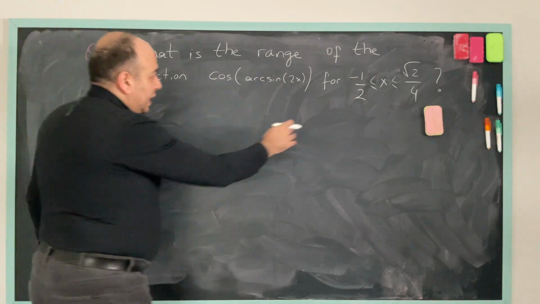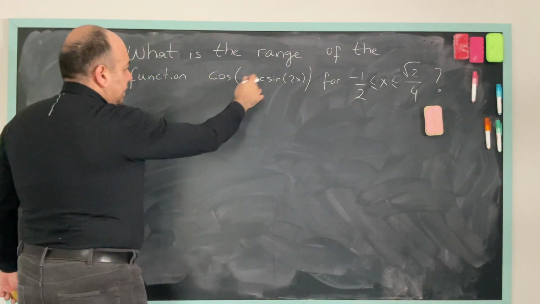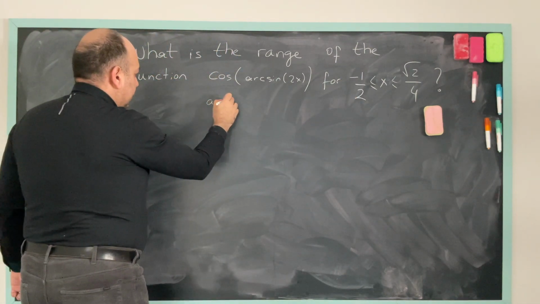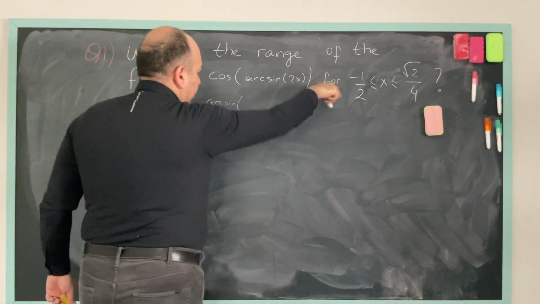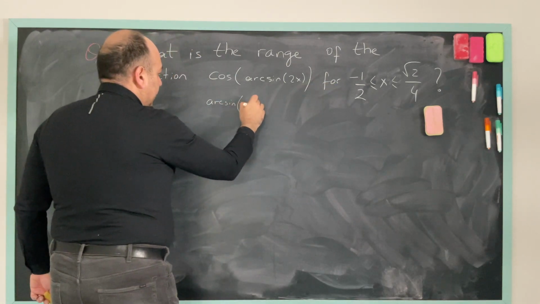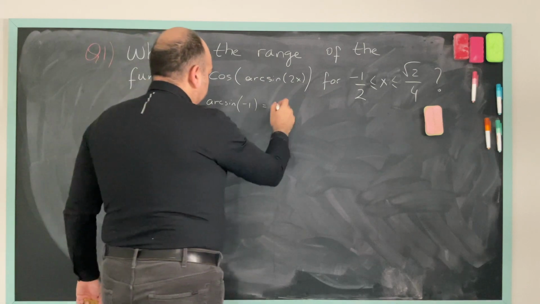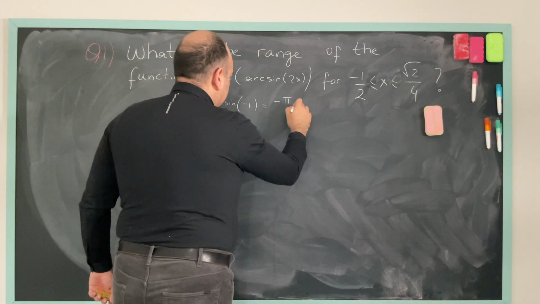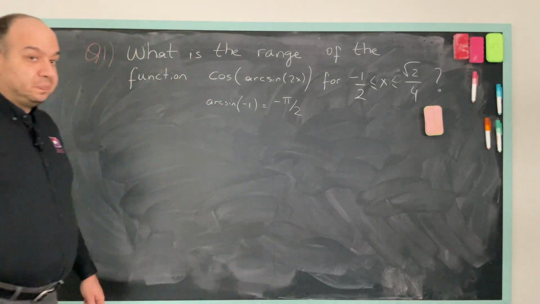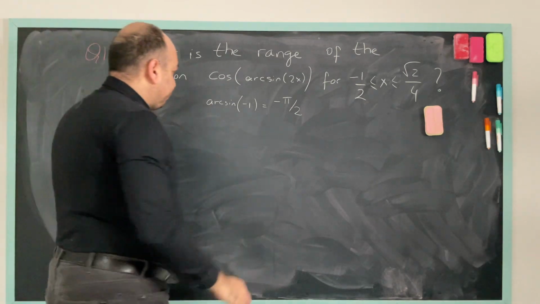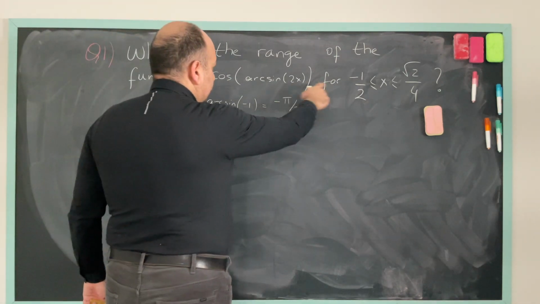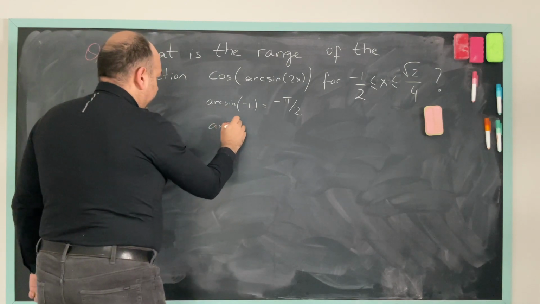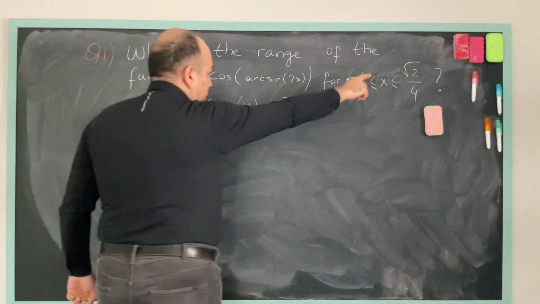So now if x is equal to minus 1/2, what is arcsine 2x? When we put minus 1/2, it becomes minus 1. So this is equal to minus pi over 2. So what is arcsine of square root 2 over 4?